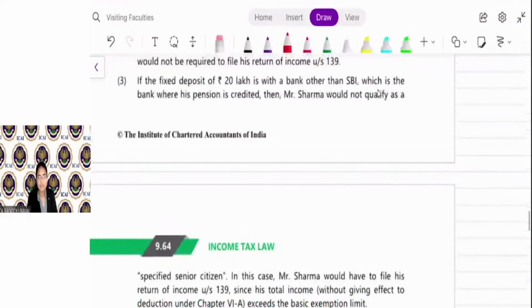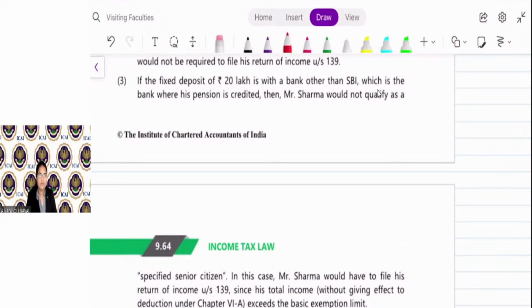Because for section 194P, you have pension income and interest income only from the bank in which your pension is credited. But in this case, the pension is credited in the SBI account and the fixed deposit interest is received from Canara Bank. So both are separate banks. So in that case, 194P is not applicable and Mr. Sharma is required to file his return of income under section 139 within the due date.